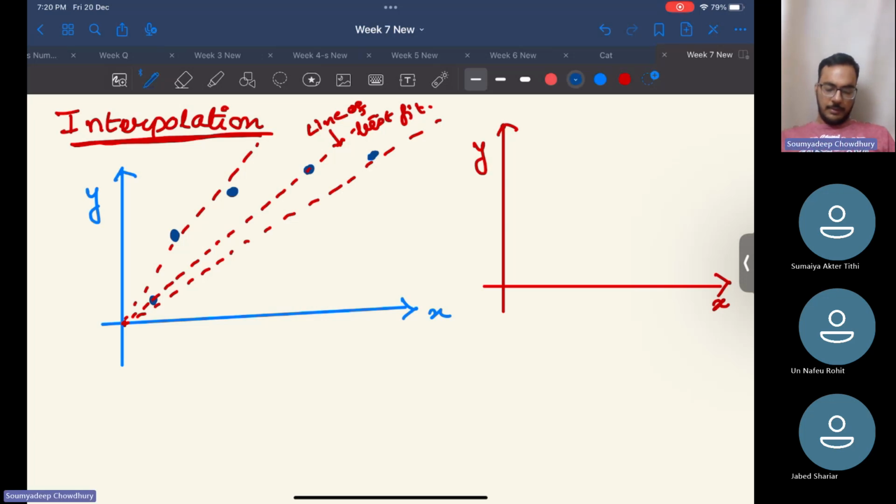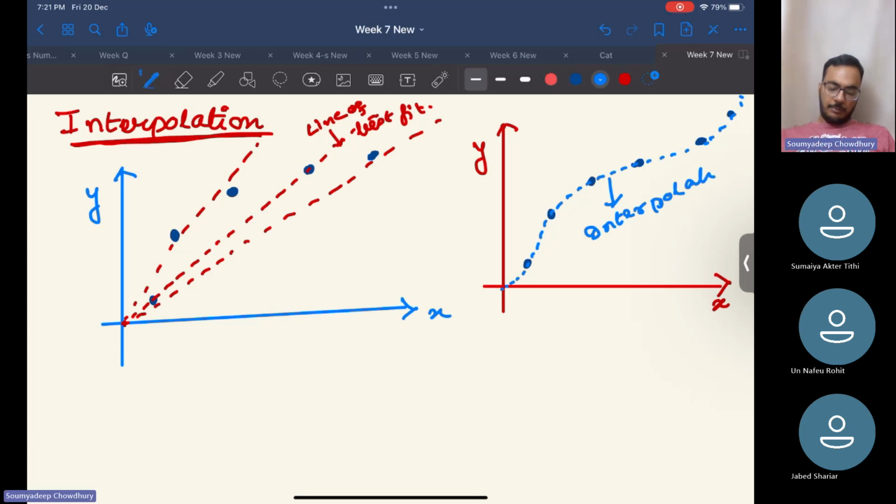Now, if I have to do an interpolation, suppose you have the same set of data. What we do is we just trace the data points. We do not look for the line of best fit. We basically trace the data points, and this is my interpolating curve.